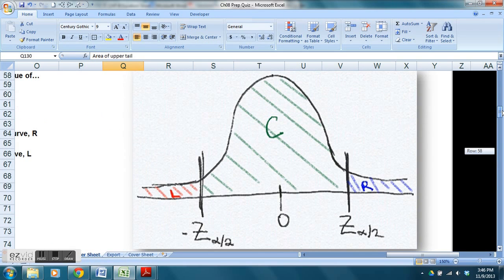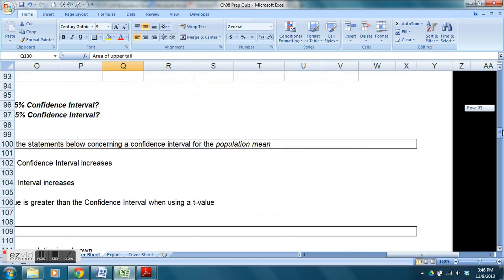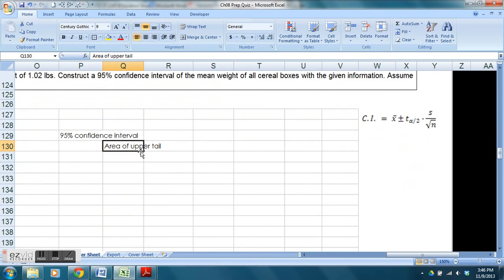Okay, and remember, whether it's a Z table or a T table, they both have the bell shape. They're both symmetrical, so the area of your upper tail is the same as the area of your lower tail. The area of the upper tail is equal to the area of one of the tails.